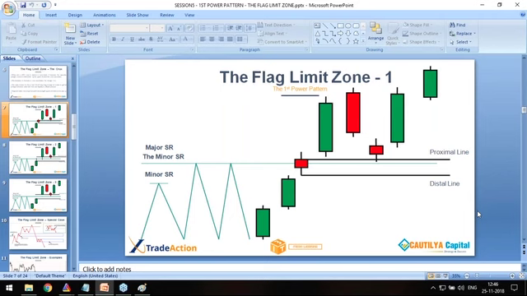Sir, in the first scenario the close is below the SR line, so how do we mark the zone? How do we mark the zone, friends? We took the zone marking session where we clearly discussed the zone can be the distance from wick to wick, or it can be body to wick. In case of a base, do we ever care about the color of the base? We don't care.